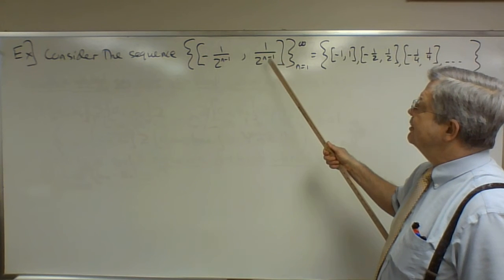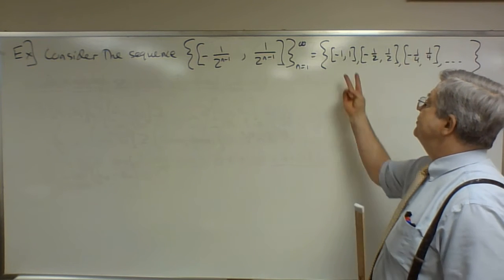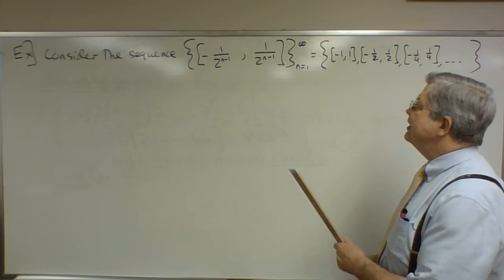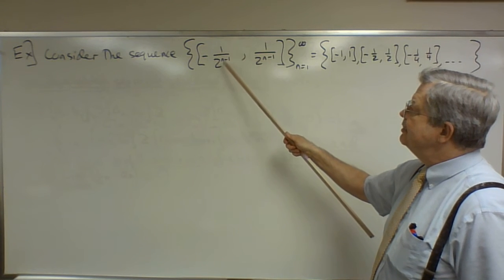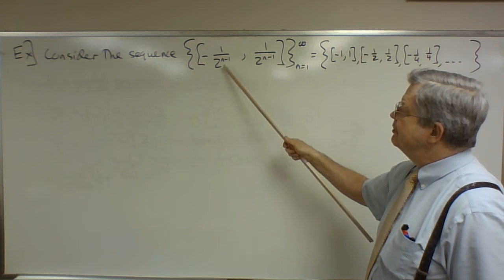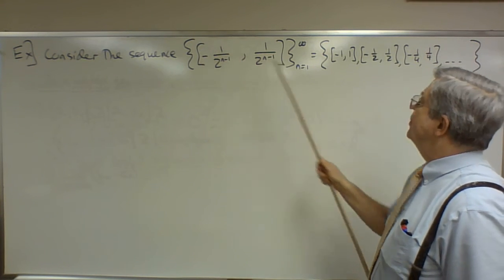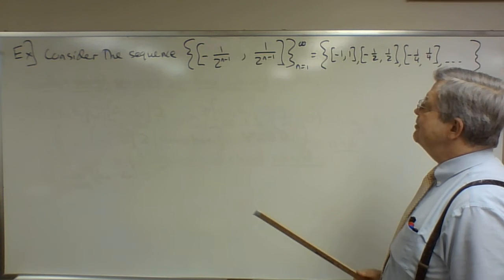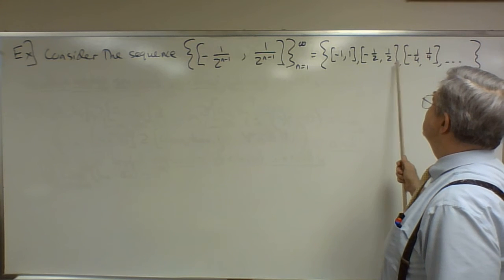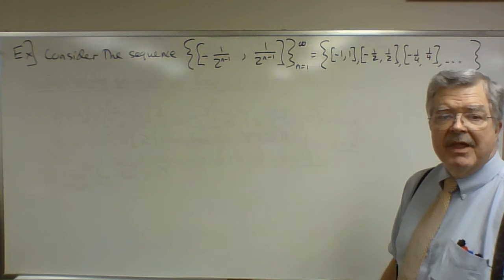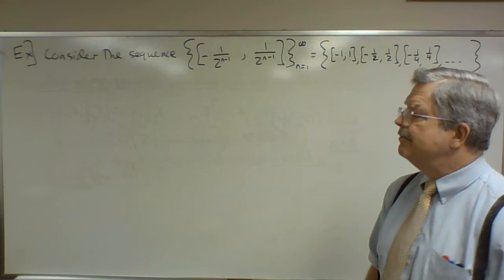Here we have 1 over 2 to the 0, that's +1. So this is the interval for n equal 1. For n equal 2, we have 1 over 2 to the 2 minus 1, or 1 over 2 to the first. Negative sign out front. So negative 1/2 is the left endpoint, and positive 1/2 is the right endpoint, and so on and so forth. Is this a nested sequence of closed intervals?